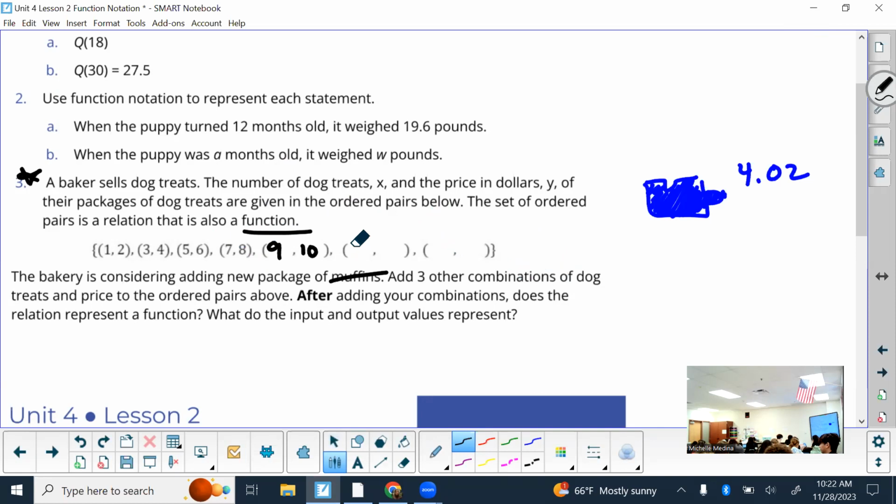If I made my combinations look like this, and they didn't necessarily have to follow a pattern, sometimes there's not a pattern that you can distinguish and it's still a function, like all those day 1, day 2, day 3 graphs, those are all functions. If I chose these coordinates, would this still be a function?